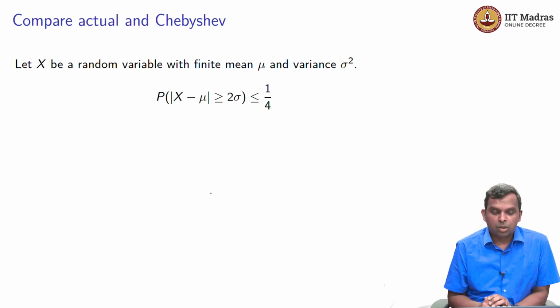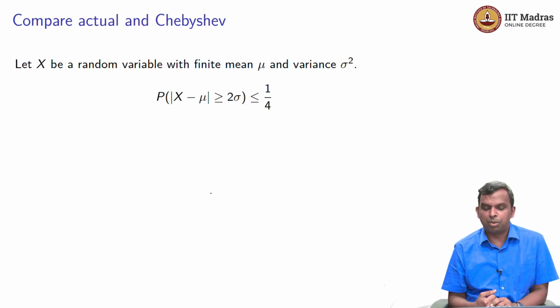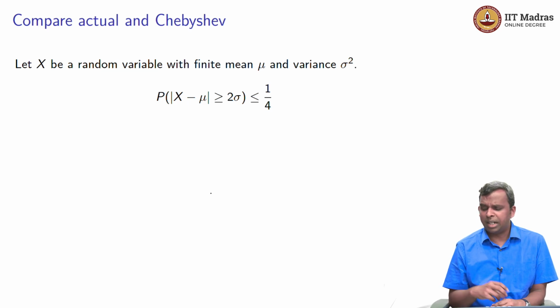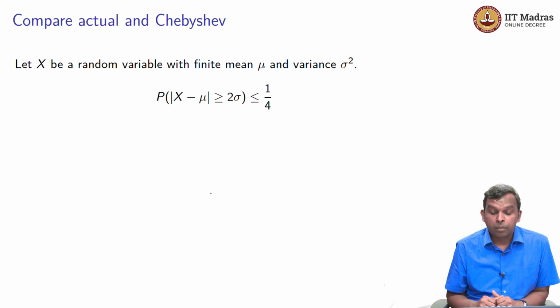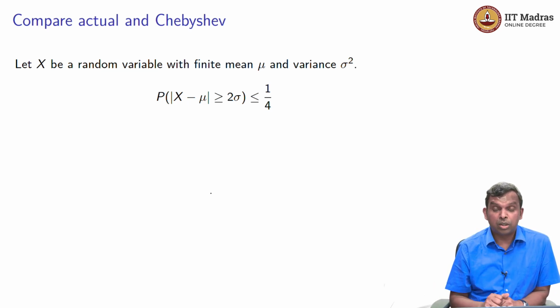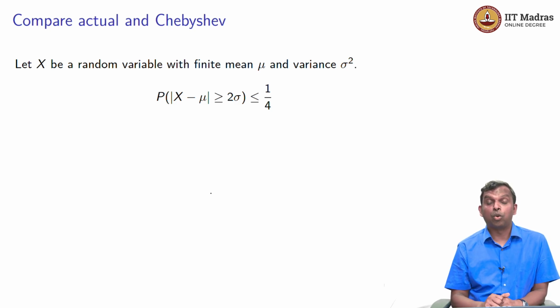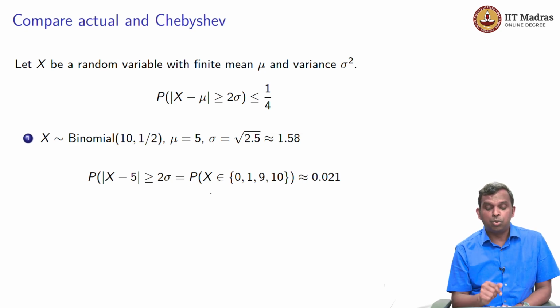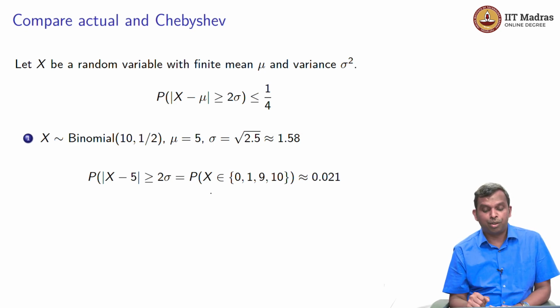Let's take a few distributions and compute the random variable's mean, variance and the actual probability. You will see how Chebyshev's inequality may actually be quite loose. |x − μ| ≥ 2σ has probability at most 1/4, which is 0.25. But if you take Binomial(10, 1/2), μ is 5 and σ is about 1.58.